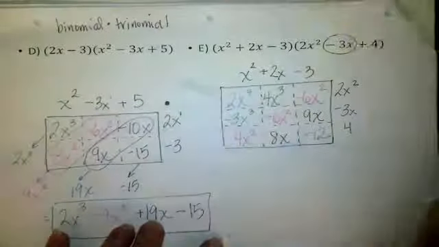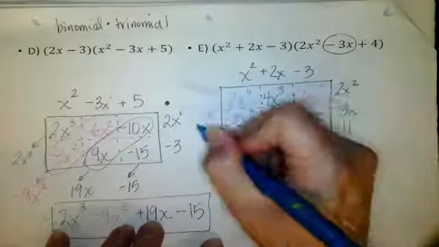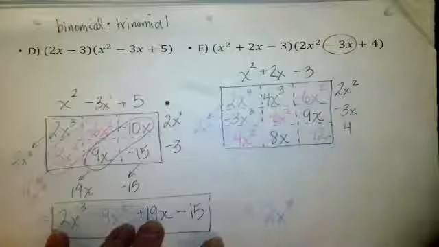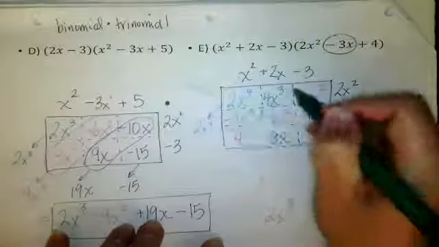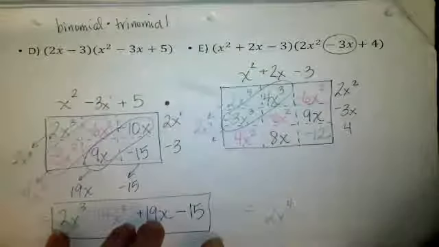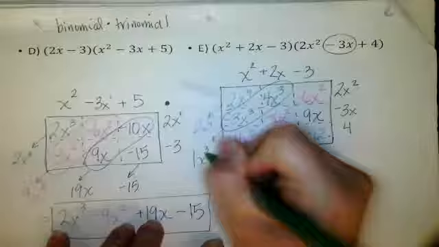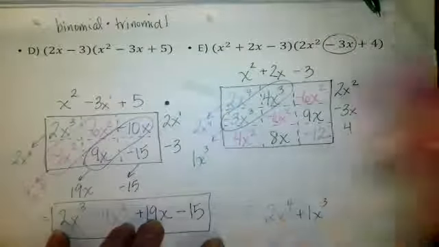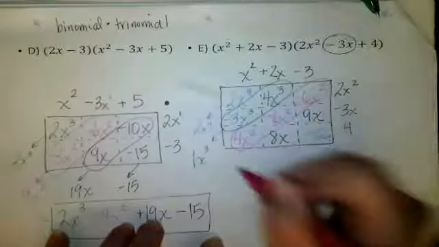And then the very last thing is just combining all the like terms. 2x to the fourth doesn't have a like term. We have a negative 3x cubed and a positive 4x cubed, which is 1x cubed. We have 4x squared minus 6x squared and a minus 6x squared.